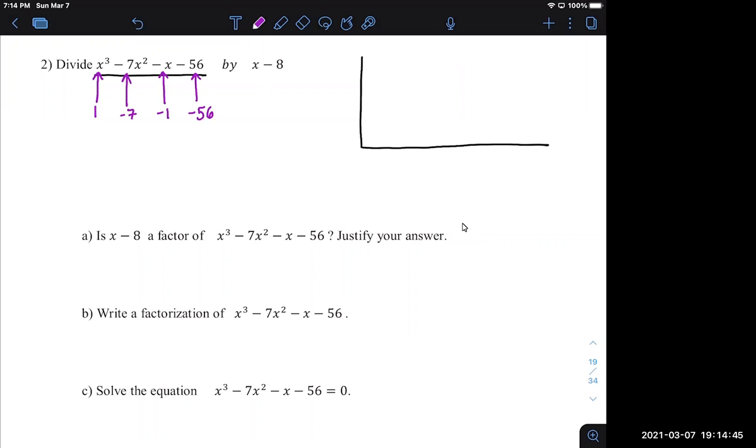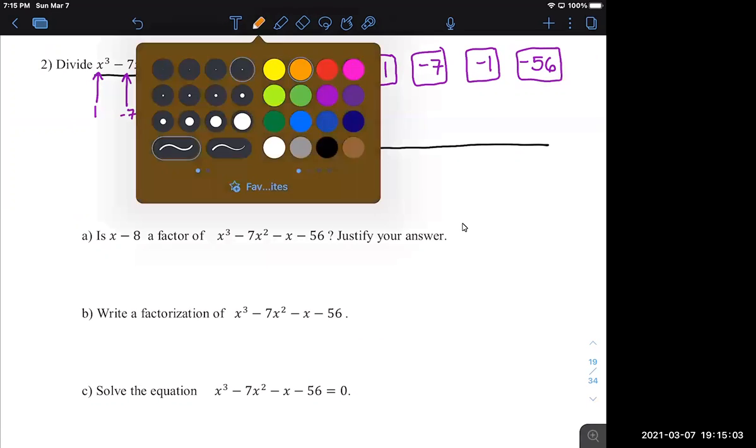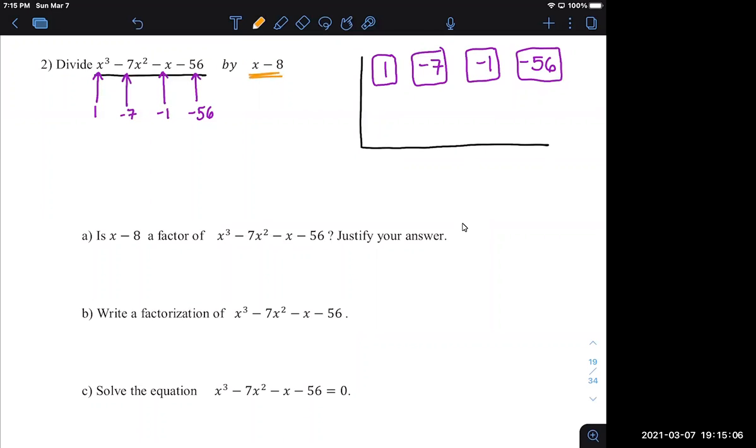And I put those going along the top on the inside of that big L. You can put them in boxes if you want to try to separate them. Now this time we are dividing by x minus 8. So I need to do the opposite of that and put that number on the outside. So the opposite of minus 8 is a positive 8. That number goes on the outside.